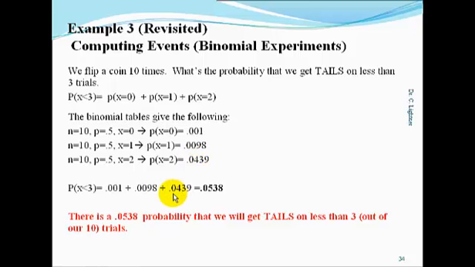Therefore, the probability of having X less than 3 successes is equal to the sum of the probabilities of the sample points contained in this event. This sum is equal to 0.0538. So there is a 5.38% chance that we will get tails on less than 3 out of 10 trials.